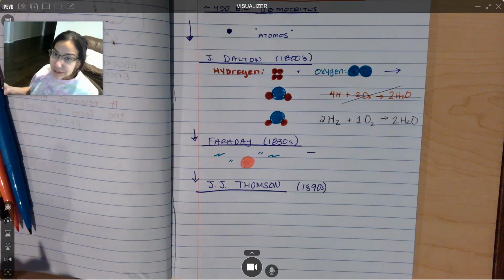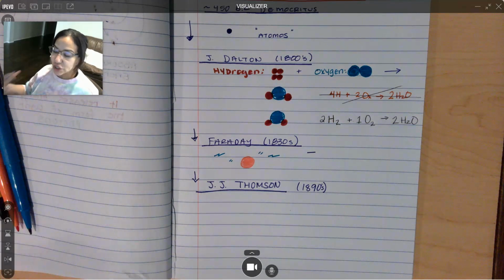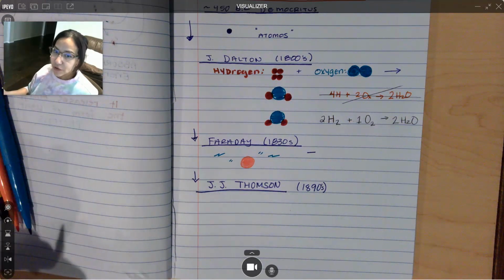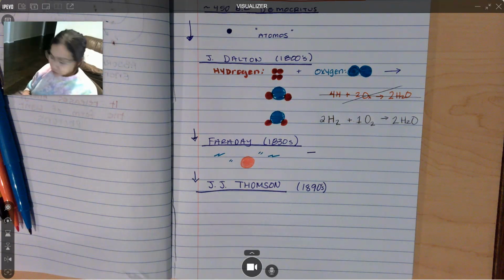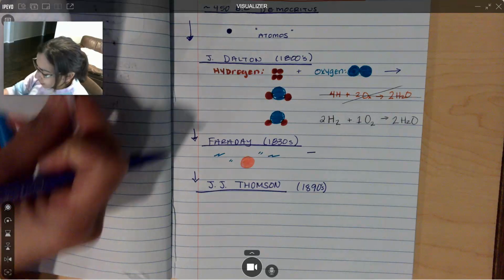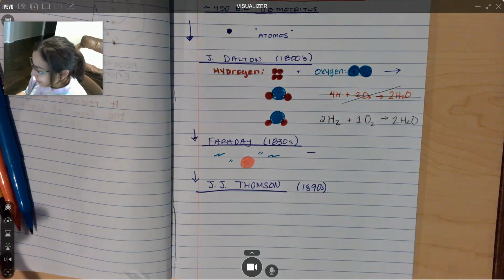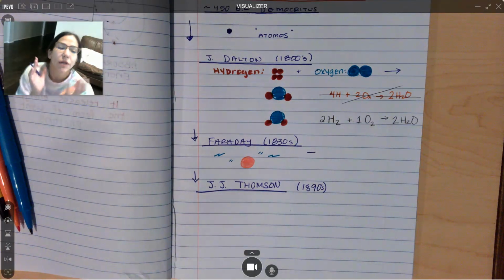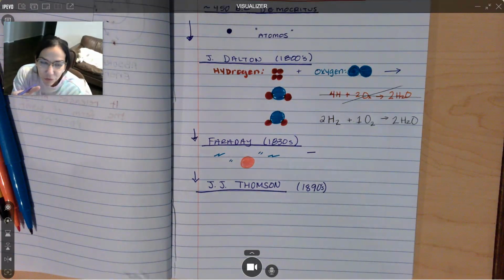Well, we obviously didn't go with J.J. Thomson's model. We started teaching the Bohr model because we didn't understand the movement of everything until much later on. So J.J. Thomson's model is called the plum pudding model. He developed it basically by discovering that atoms have electrons.